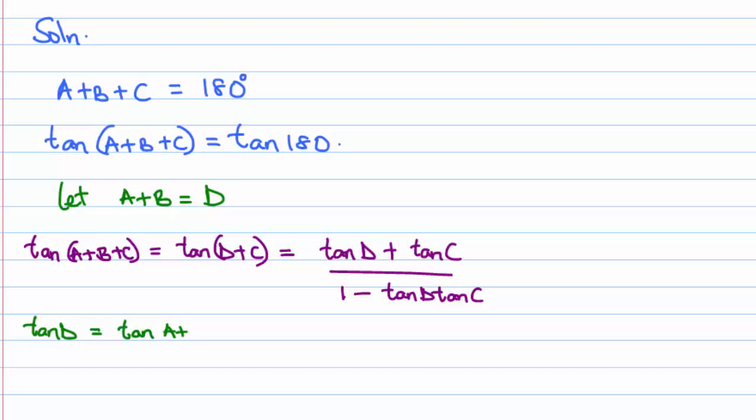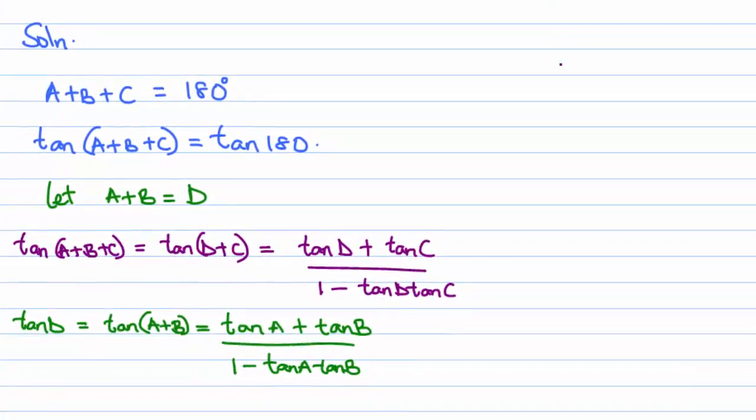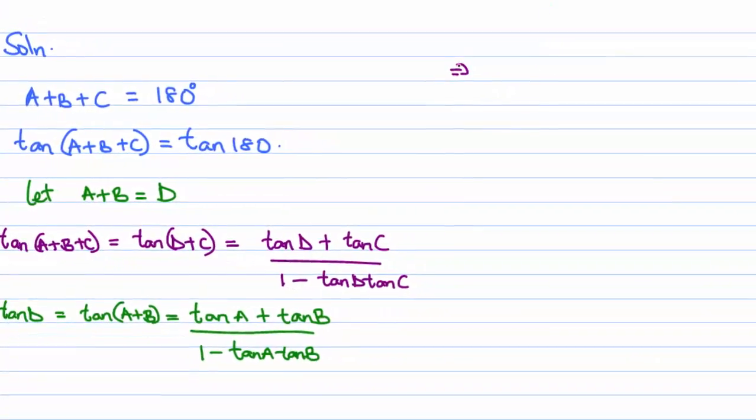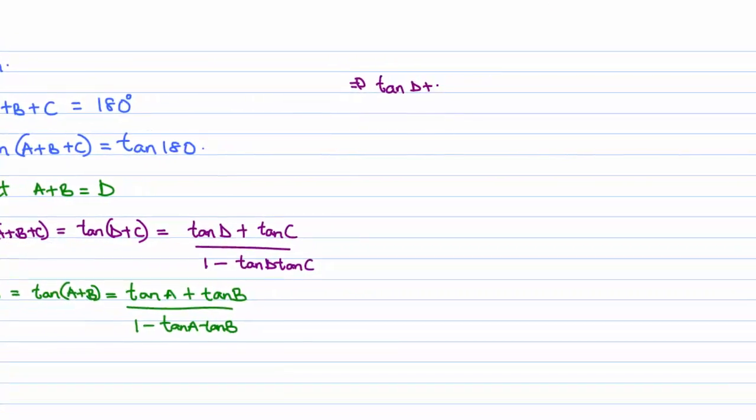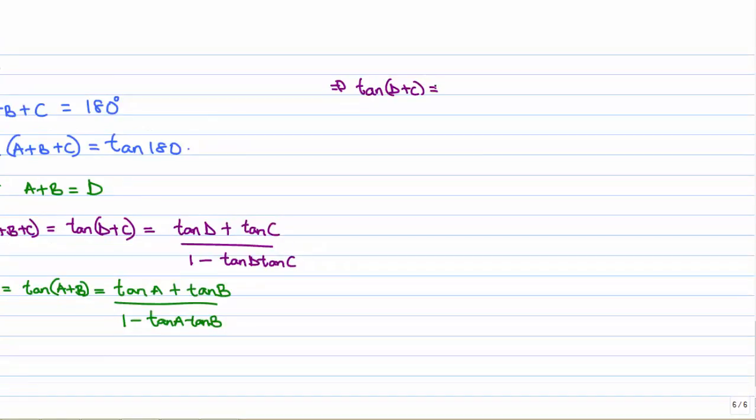However, we know that tan D is the same as tan(A + B). So we also expand tan(A + B) and you obtain that expression. And so what happens now? We are now going to replace wherever there is tan D, we put tan A plus tan B over 1 minus tan A tan B in the expression above.